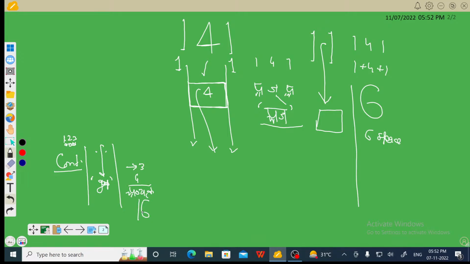And this 16 is equal to 2 raised to power 4. It is the dimensional frame of a four space, whose dimensional frame is 2 raised to power 4, 16.